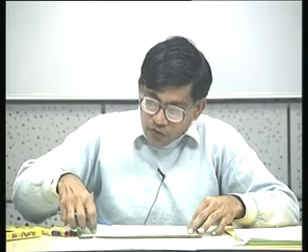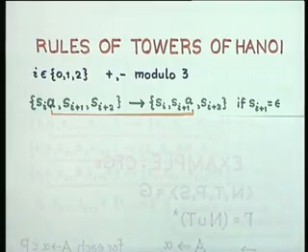But the whole point is that for me now it does not matter in what order I keep these 3 towers. If I name them 0, 1 and 2, then I can use modulo 3 arithmetic to just call them i, i plus 1 and i plus 2. i could take values from 0, 1 or 2, with modulo 3 arithmetic.